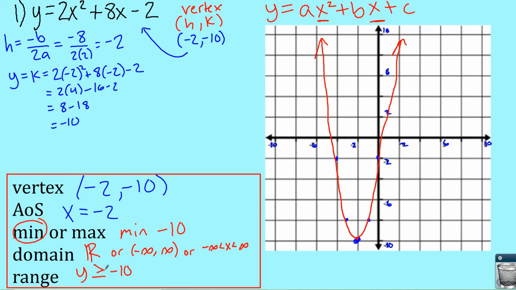So y is greater than or equal to negative 10. If we say it as an inequality, y is greater than or equal to negative 10, or in interval notation, we're going from negative 10 to infinity. I personally prefer interval notation, right? It's much easier to write out than finding all those inequalities.